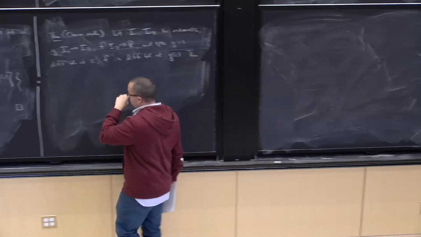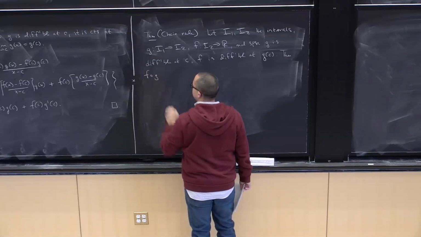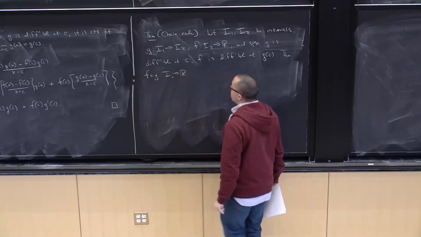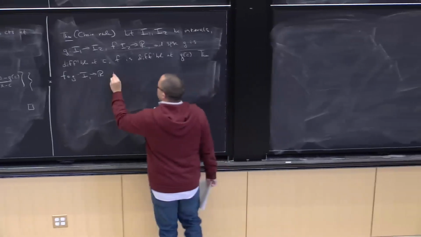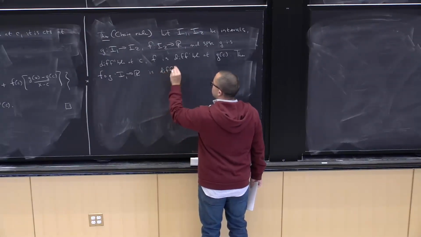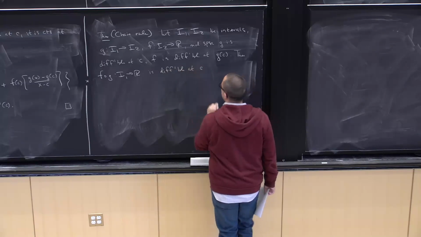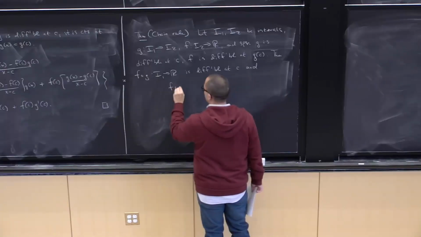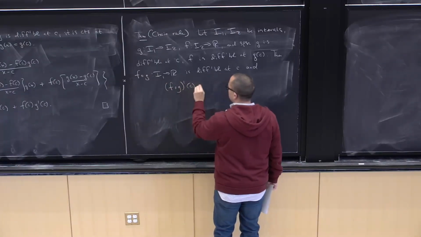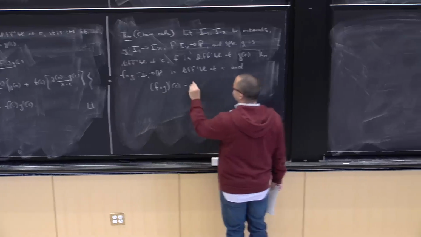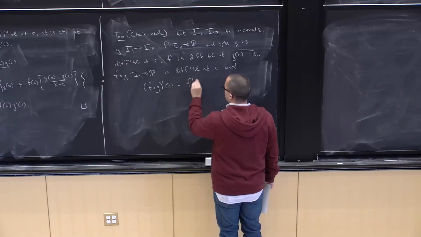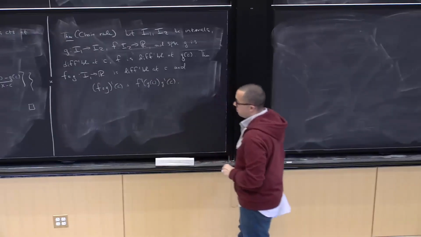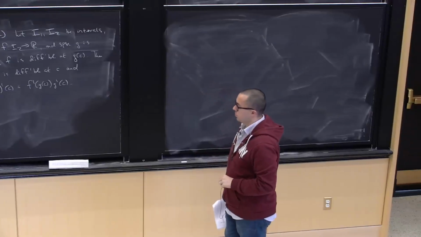Then the function f of g, which now goes from I1 to R, is differentiable at c, and the derivative equals f prime of g of c times g prime of c.